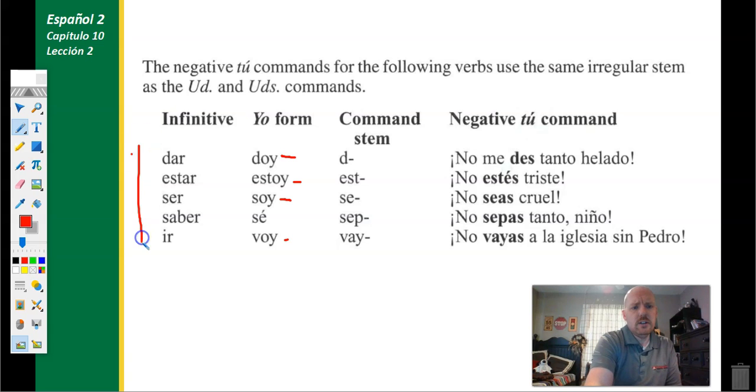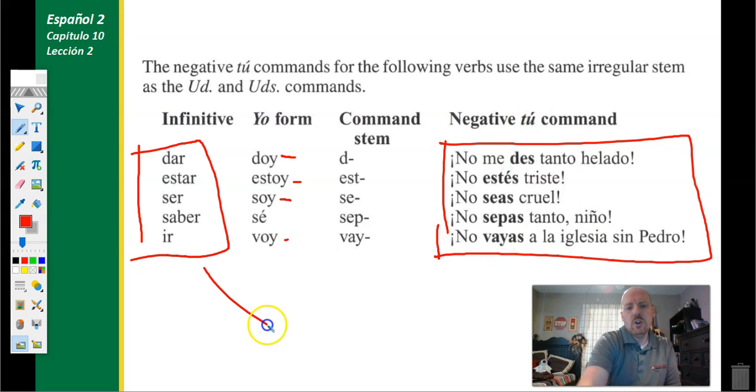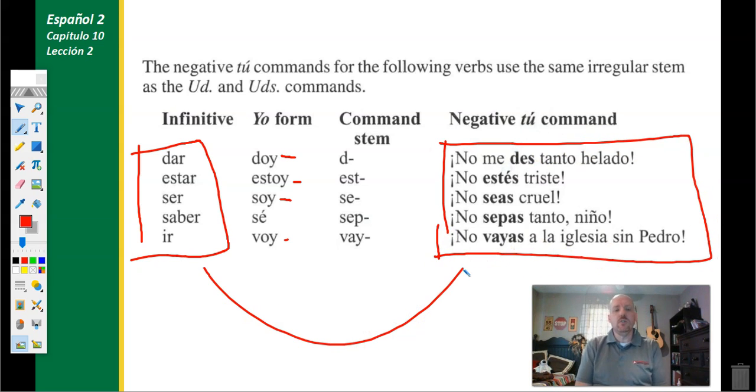So this chart, these 5 verbs and the 5 negative tú commands really just need to be memorized. So for dar, it's no des, don't give. For estar, it would be no estés, don't be. And that deals with location or condition.